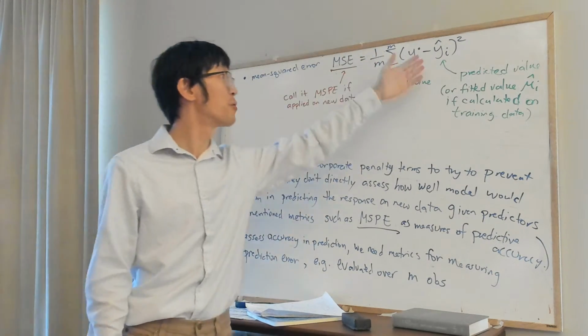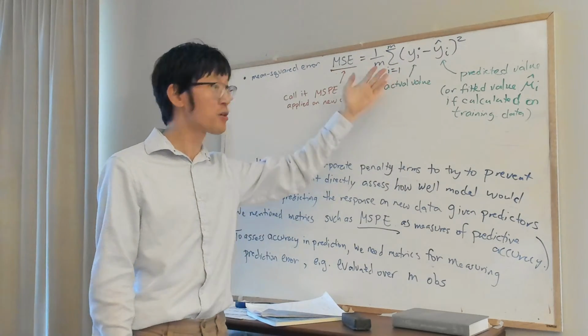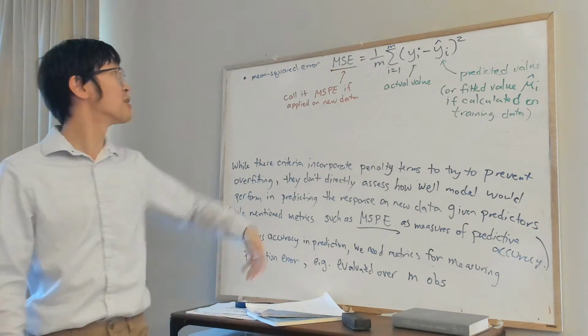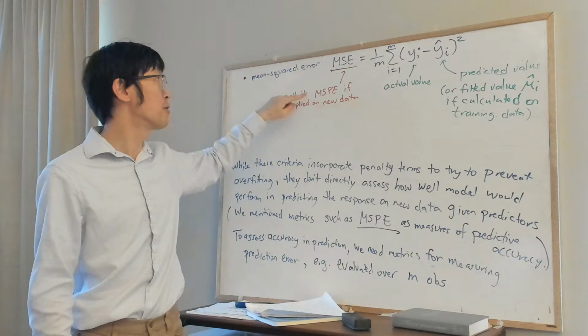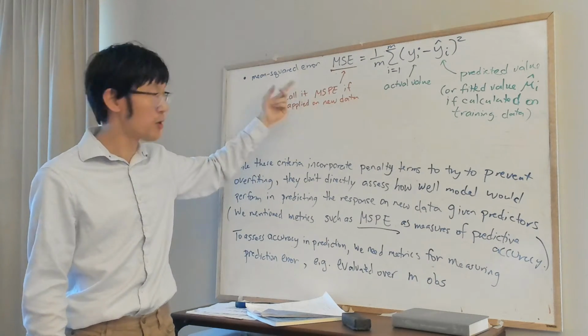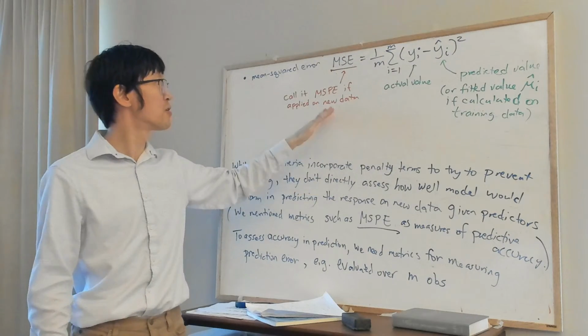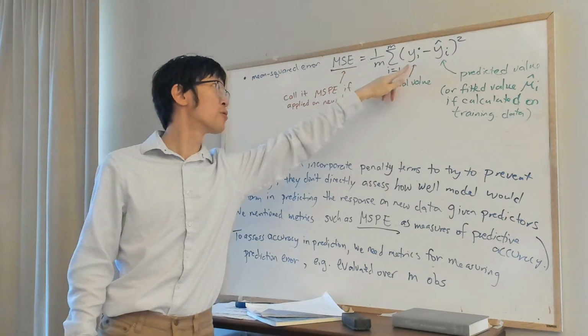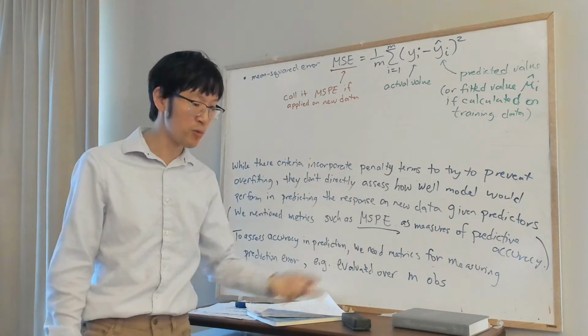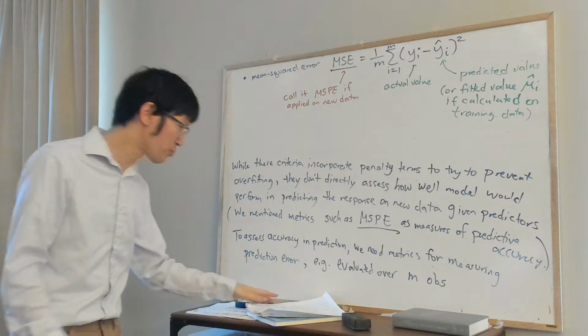So we have a model for doing that, we make the prediction, and when the actual data comes in, then we can evaluate how well we did. That's where we can calculate the mean squared prediction error, when we get to see the actual observed values, usually after the fact.